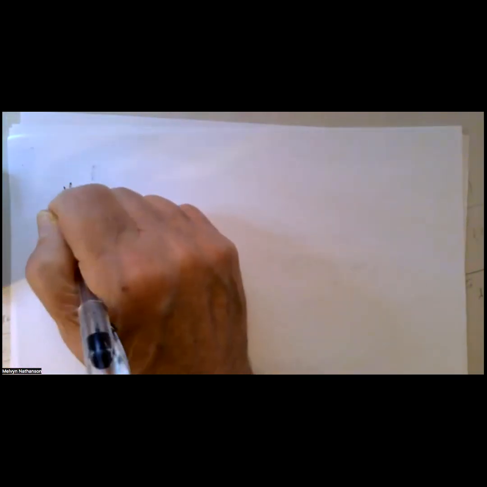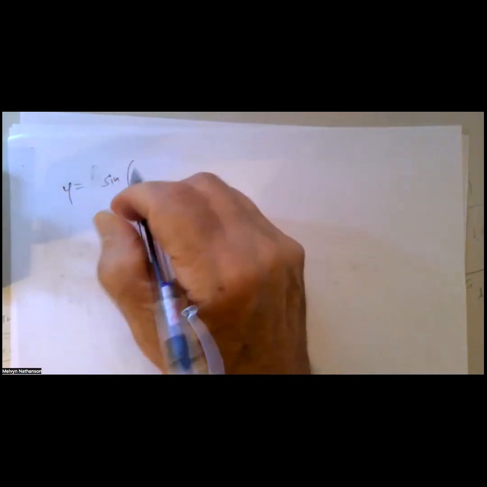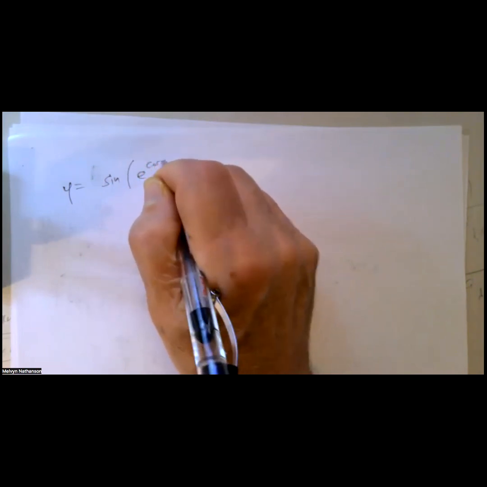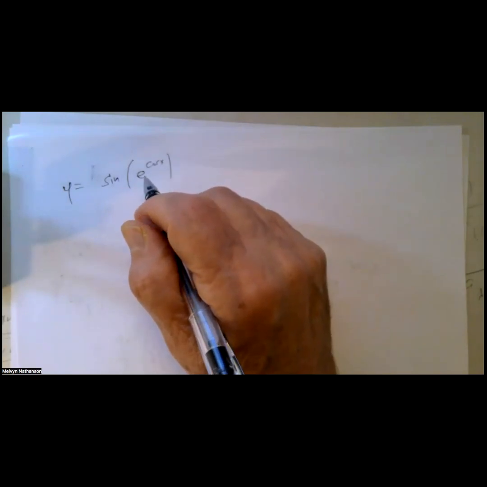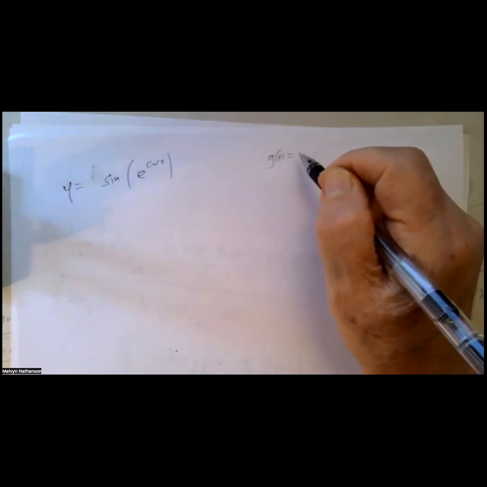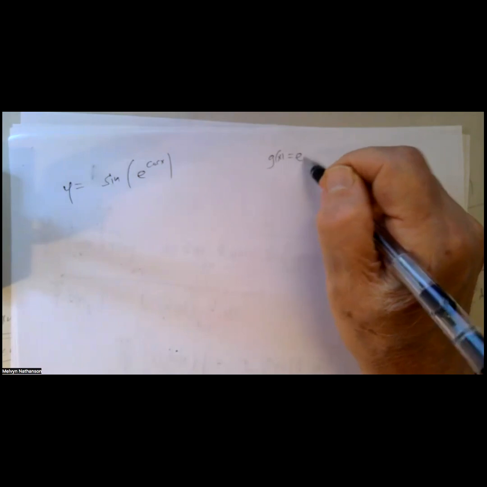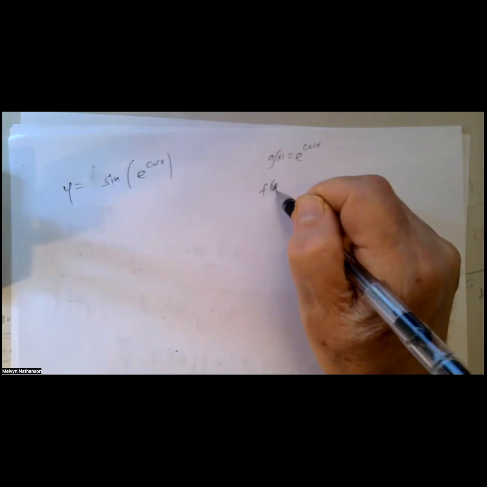Sometimes you have more complicated composite functions. Suppose you have the function y is equal to the sine of the function e to the cosine x. So you can think of this, in the first step, let's say g of x is e to the cosine x, and f of u is the sine of u.